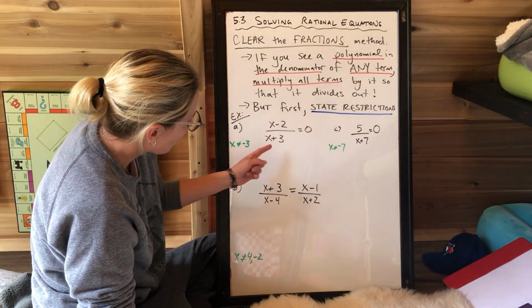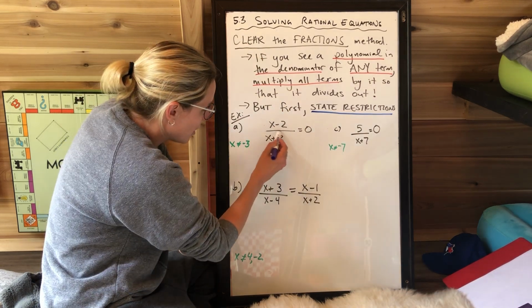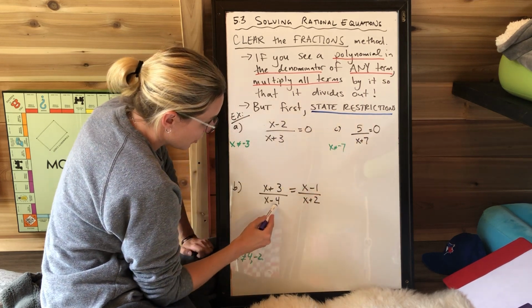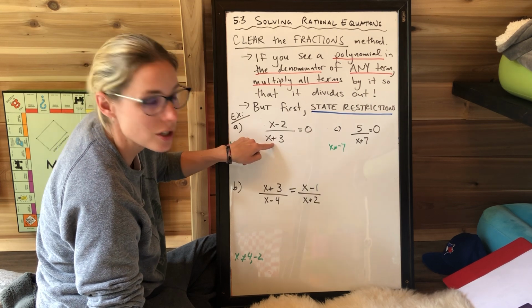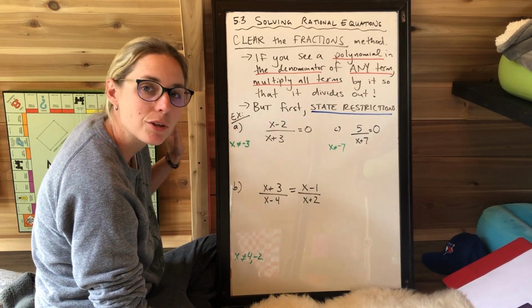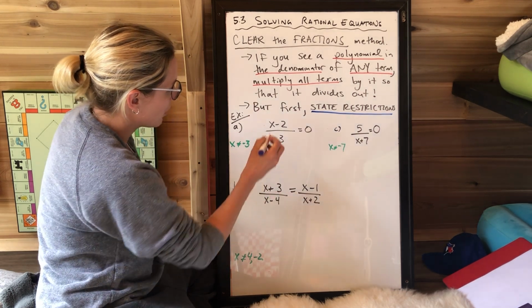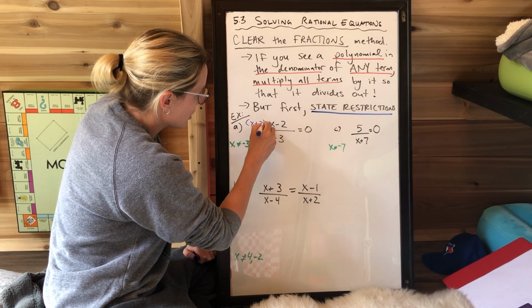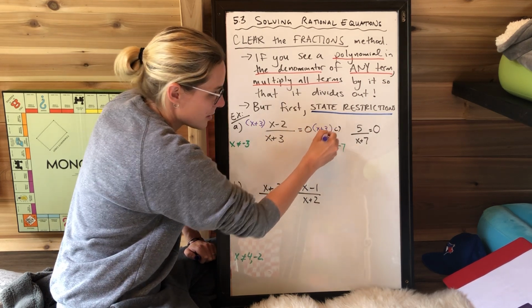So the rule is, if you see any polynomial in the denominator, so here x plus 3, here x plus 7, here an x minus 4 and an x plus 2, in order to get rid of this division, we have to multiply every term in the equation by that exact thing. So if I want to get rid of a division by x plus 3, I need to multiply by x plus 3. If I do it to this side, I have to do it to this side.